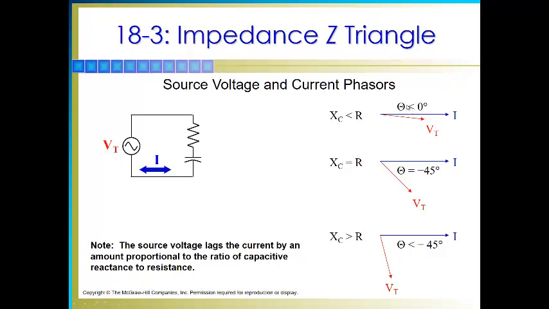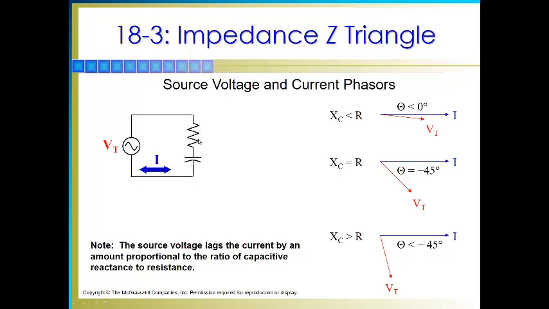When I say theta is less than 0 degrees, it has to be a negative angle somewhere between 0 and 45 degrees.